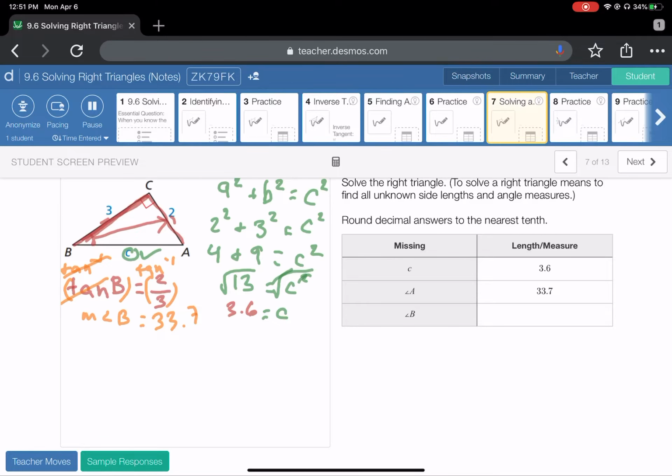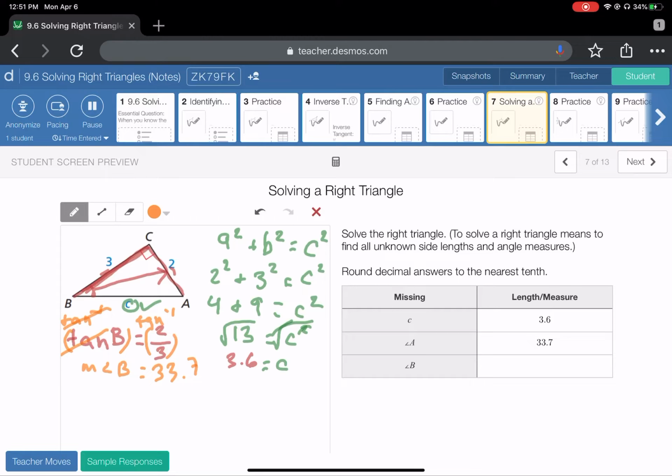Okay, and we can also do the same kind of process to find our other missing angle, angle A, and it's going to be the same because I have the opposite and I have the adjacent side. So the tangent of A is going to be equal to, but in this case it's going to be 3/2.